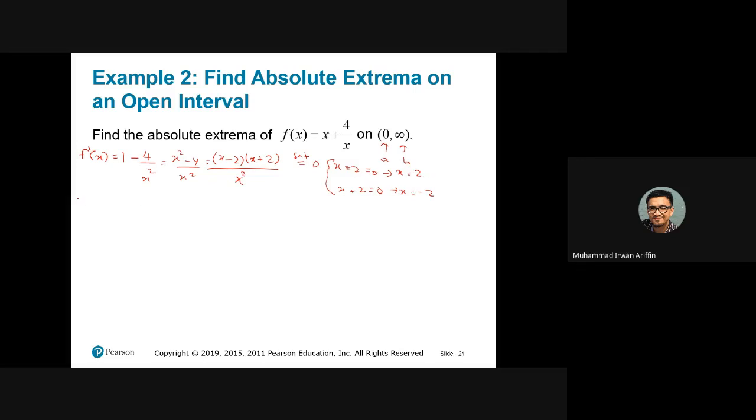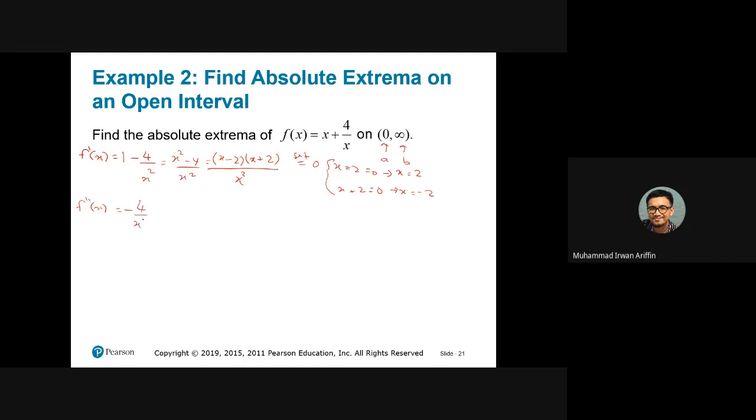Okay, what about the second derivative? I'm just going to use this form because it makes it easier, because if we differentiate the constant it becomes 0.